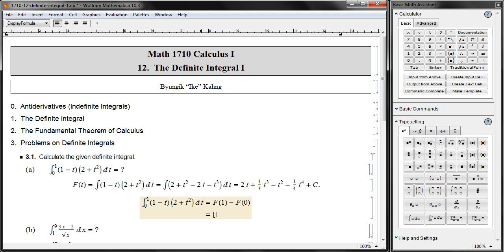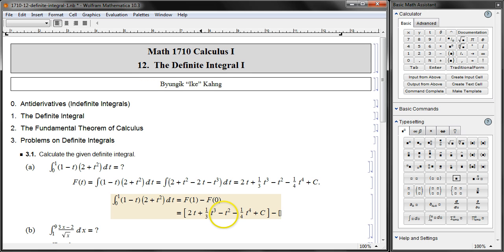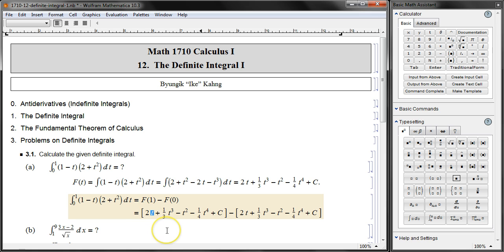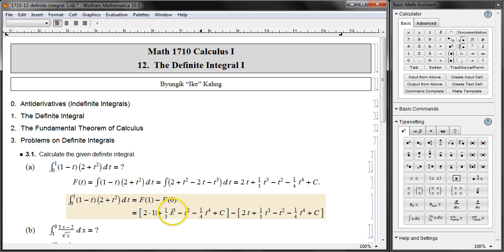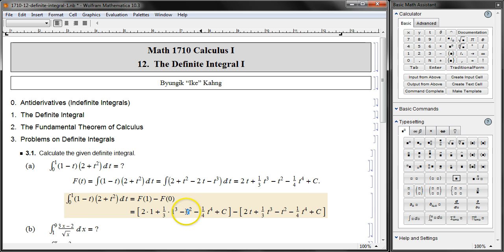Okay, let's put t equals 1 into this expression and t equals 0 into this expression. Alright, plugging in t equals 1.